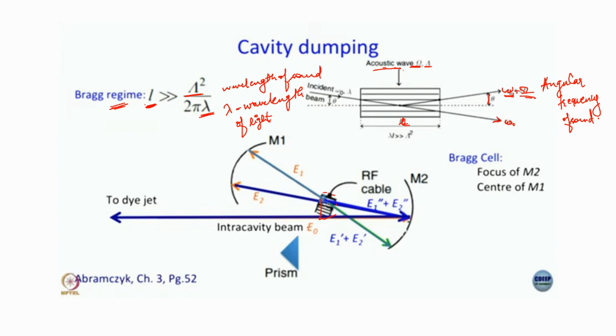Initially, E naught refers to the electric field component of the incident beam. When this light beam is incident, we have two concave mirrors placed at a position where the Bragg cell is kept at the focus of M2 and the center of M1.